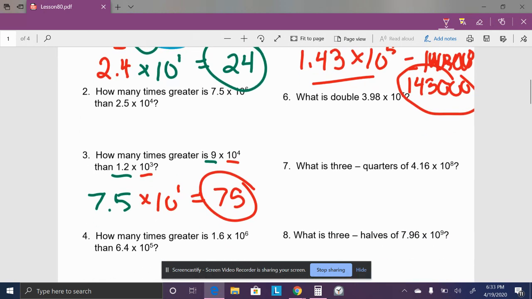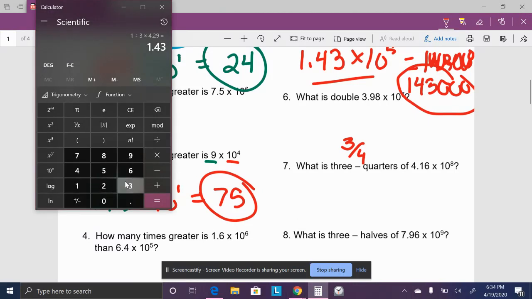The next one, 3/4 of 4.16 times 10 to the 8th. 3/4, you should know that, right? How much money is 3/4? 75 cents, right? So we're multiplying that by 4.16. 3 divided by 4 times 4.16, and you get 3.12.